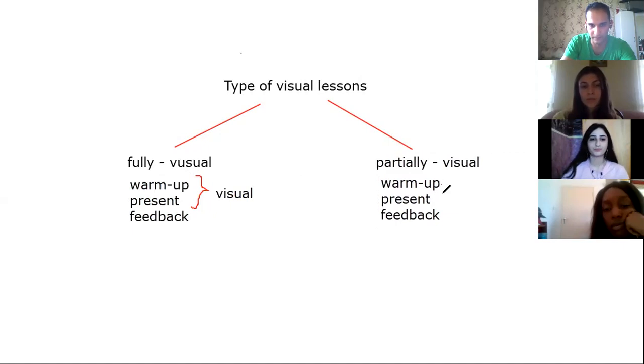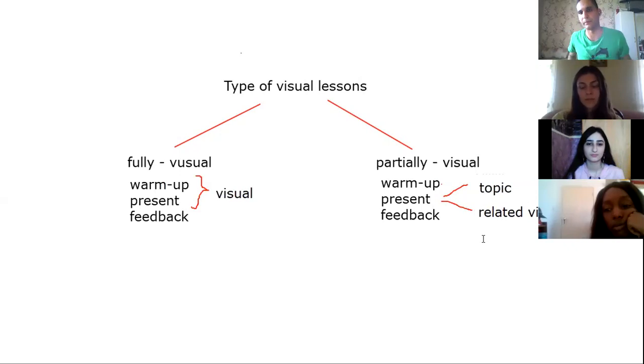And then the presentation is divided into two parts. The first part is the topic, and the second part is related visual, very important, which you can discuss. So you can have 20 minutes of your topic, or let's say 30 minutes of your topic and 10 minutes of some related visual, or you can have 20-20, so up to you. And then you have the feedback session.